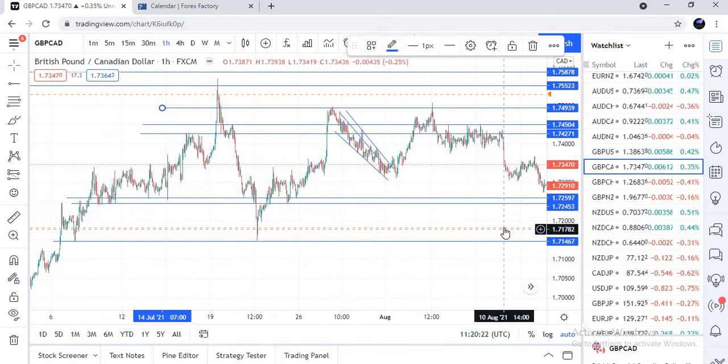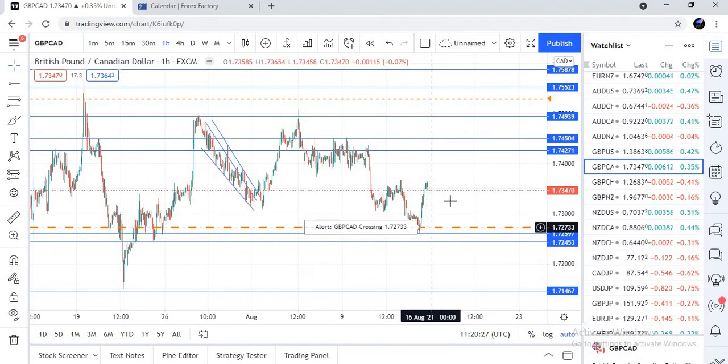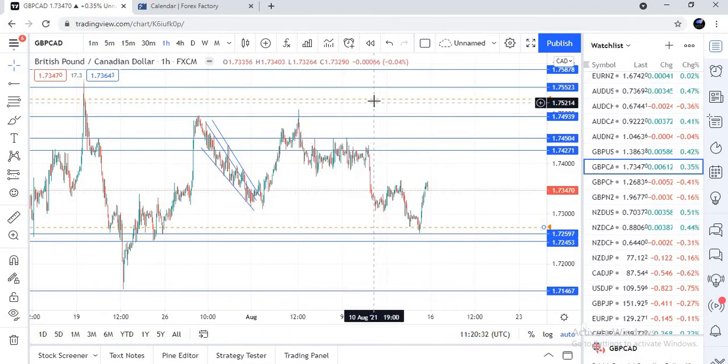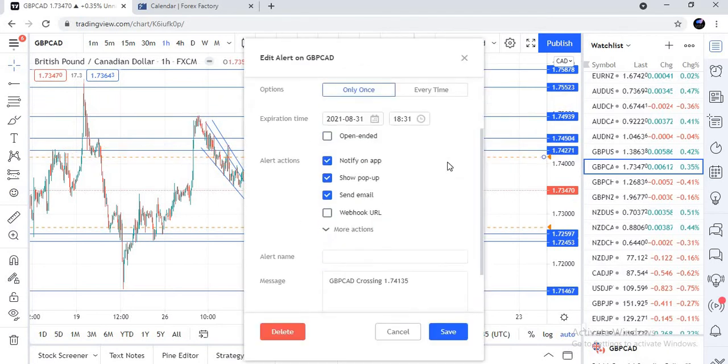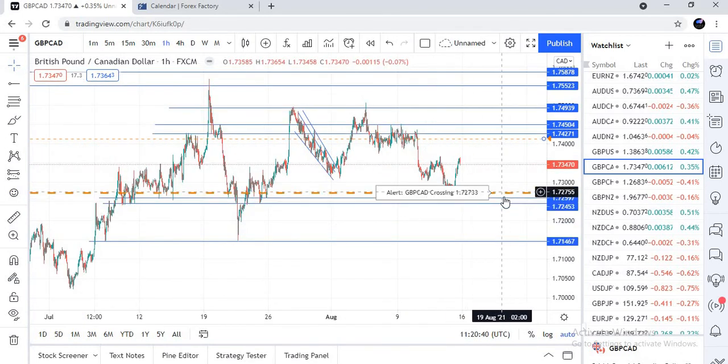So I'm going to be moving my alerts to these levels. Save. If any of these levels get triggered, TradingView is going to alert me that the price has crossed some of these levels.